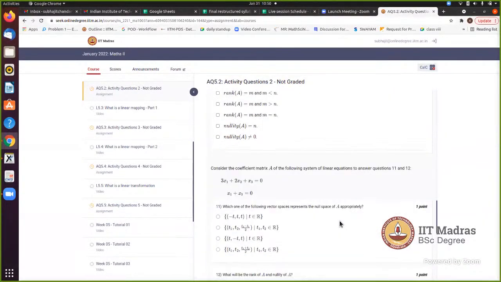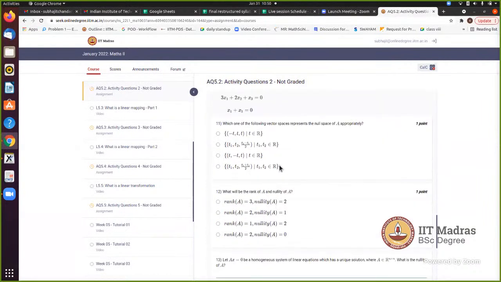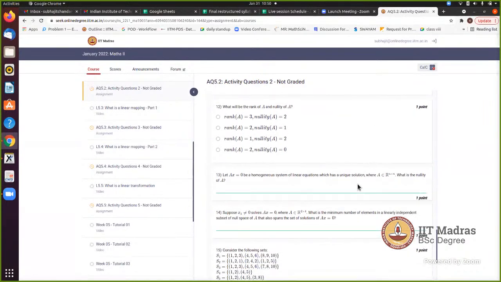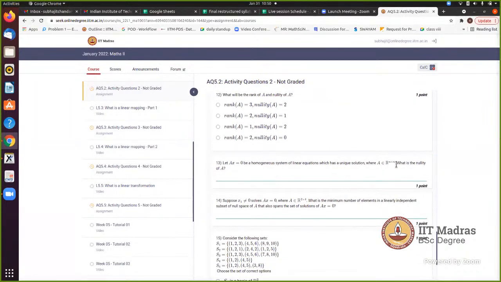And these I have already mentioned. This you have to find by doing row reduction. Let Ax equal to 0 be a homogeneous system of linear equations which has a unique solution. Then what is the nullity of A? 0.